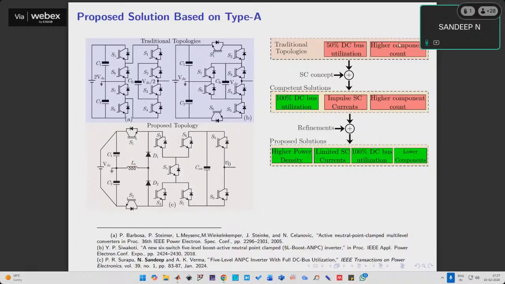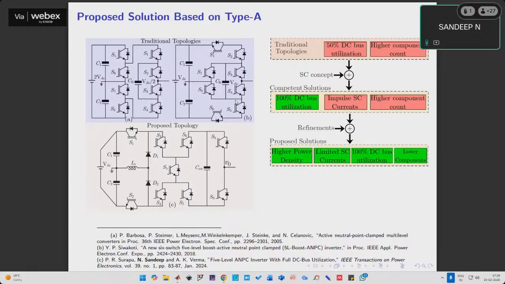Okay. So for this traditional topology, in the literature, the switched capacitor concept was added. The moment this was done, the 50% DC bus utilization problem was eliminated. So we could go for 100% DC bus utilization. What is this concept? Simple. You add a capacitor in the inverter such that during some portion you charge that capacitor, and during some other portion you discharge it.